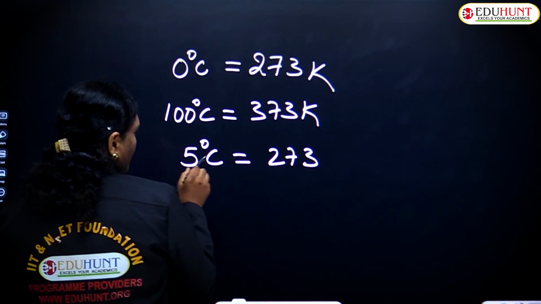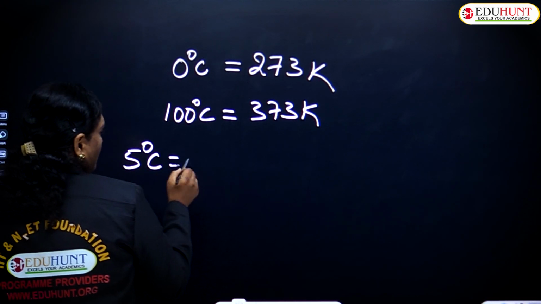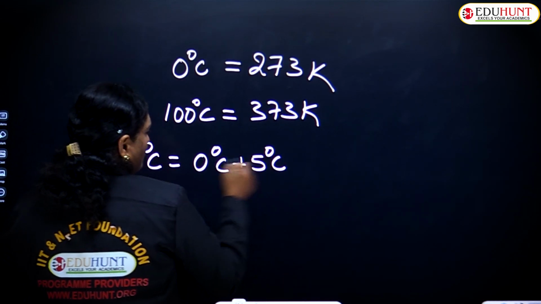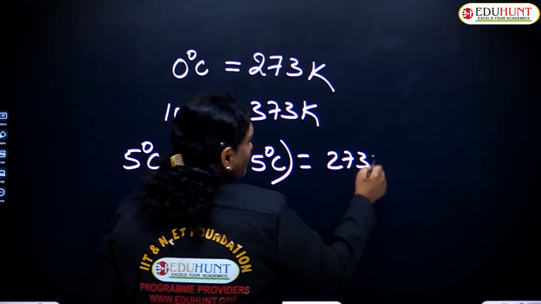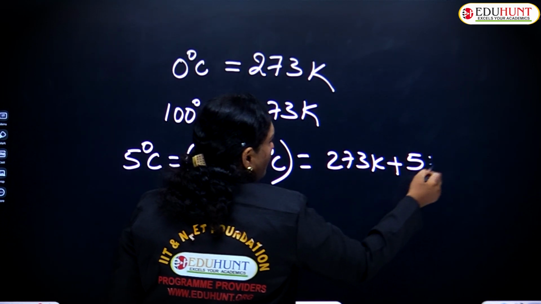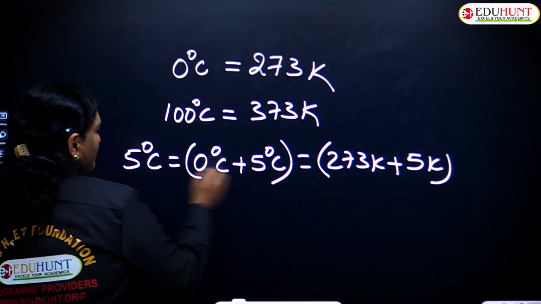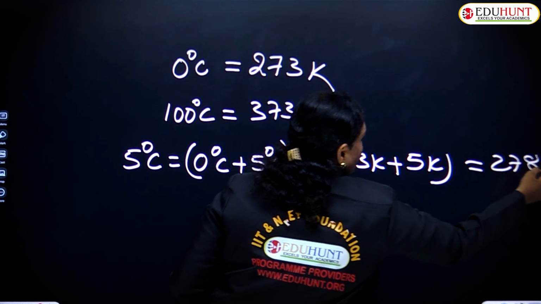Let me explain: 5 degrees Celsius is nothing but 0 degrees Celsius plus 5 degrees Celsius on the Celsius scale, which is also equal to 273 Kelvin plus 5 Kelvin on the Kelvin scale. So how much is it? 0 plus 5 is 5. So on the Kelvin scale it must be equal to 278 Kelvin.